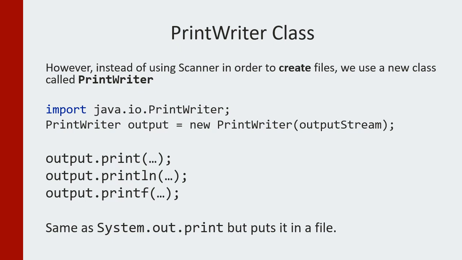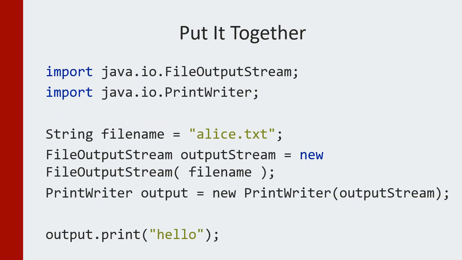So let's consider that we have this FileOutputStream and now we have PrintWriter, and let's put it together. Here I have both of my import statements: import java.io.FileOutputStream, import java.io.PrintWriter. I made my file called alice.txt, so that's my fileName.